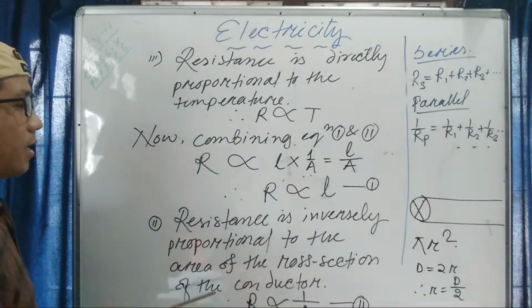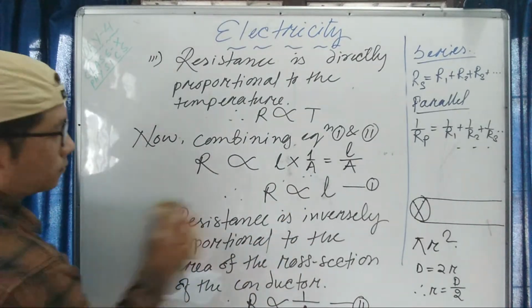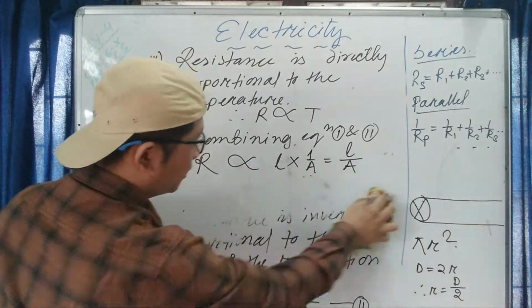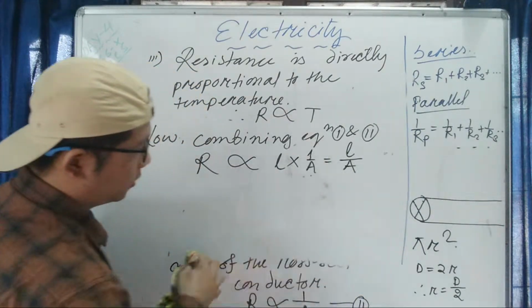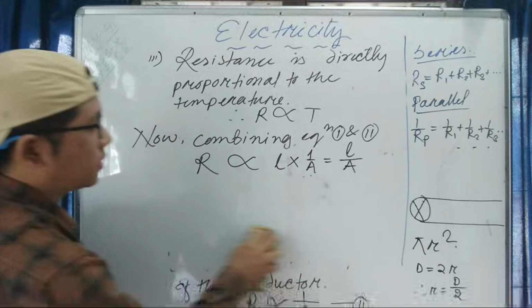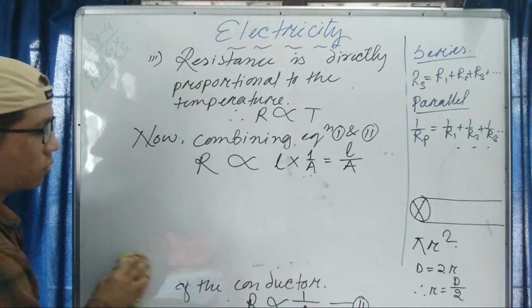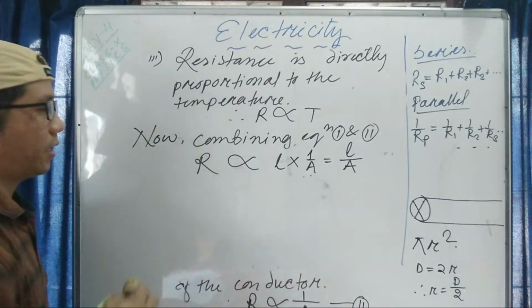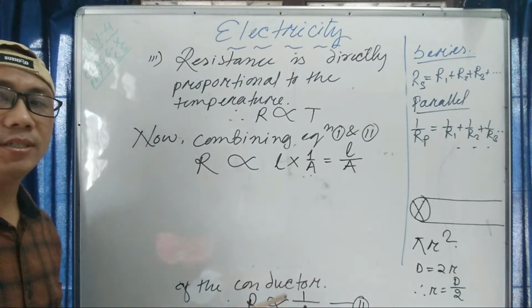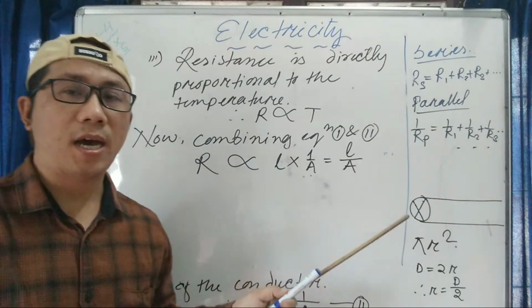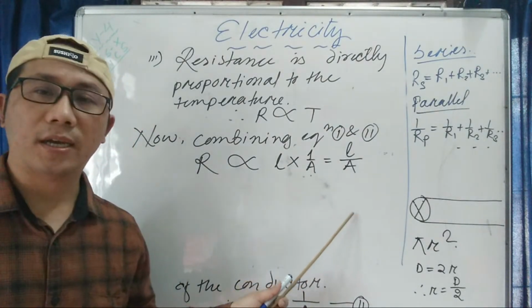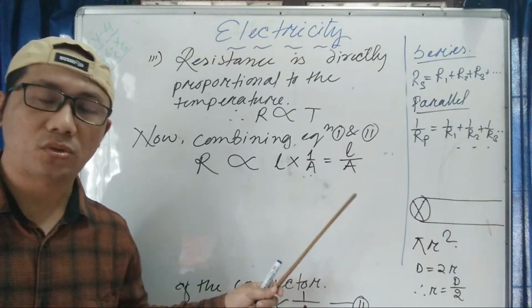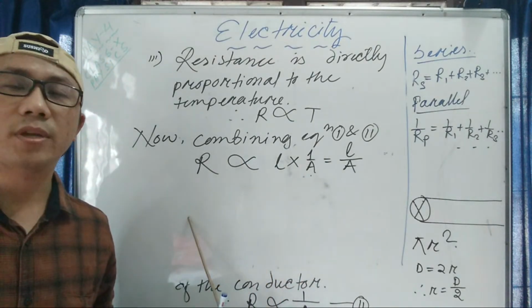Yeah, and then here, in the direct proportion, if the value is equal to 1, then at the same time the resistance also surely will be 1. Suppose the length is increased by twice, then the resistance also will increase by twice.